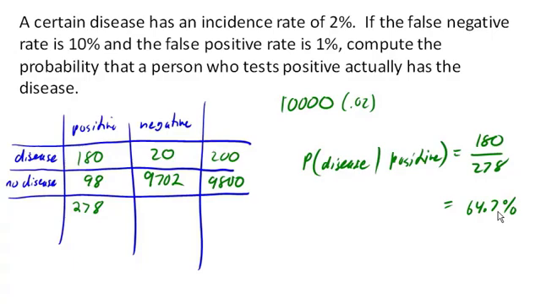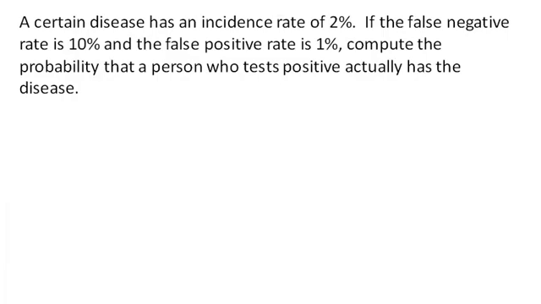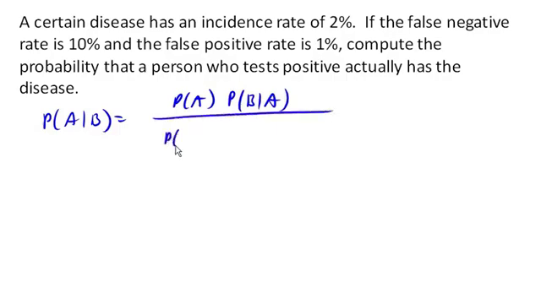Now, there's another way we could go about this problem, and that would be using Bayes' rule. So let's take a look and see what that would look like. Bayes' rule says that the probability of A given B is the probability of A times the probability of B given A, over the probability of A times the probability of B given A, plus the probability of A complement times the probability of B given A complement.